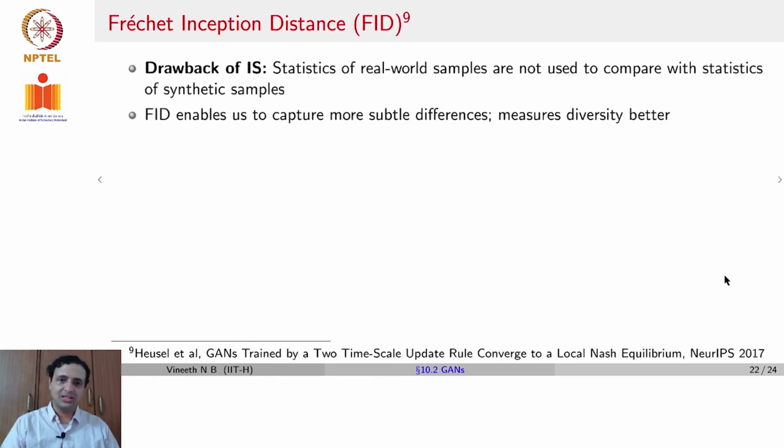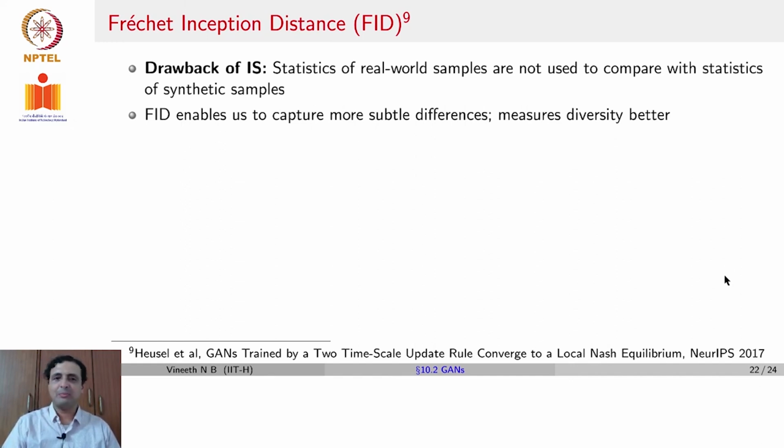While inception score is good, one of the limitations of the inception score is it doesn't consider the real data at all. Its metric is purely based on the generated distribution alone. But we know that the purpose of GAN was to ensure that the generated distribution is close to the real distribution.